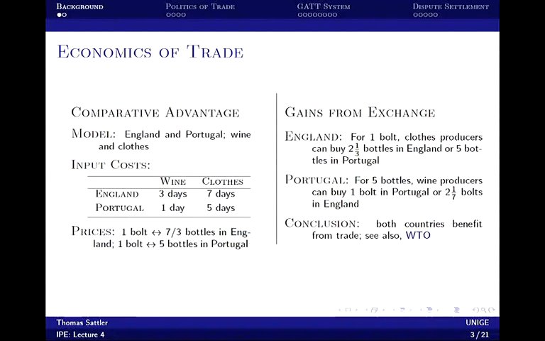Yeah, so exactly. So who is the winner? Consumers and? Exactly. So in England, the cloth producers are the winners. In Portugal, the wine producers are the winners, right? But there are losers, which is, in England, the wine producers are the losers, and in Portugal, the cloth producers are the losers, right?